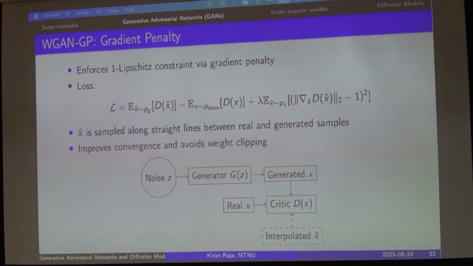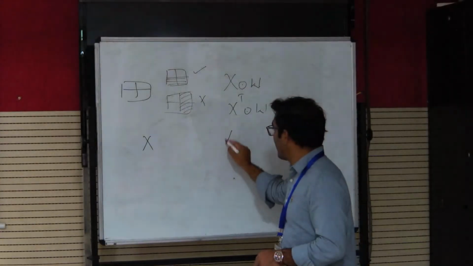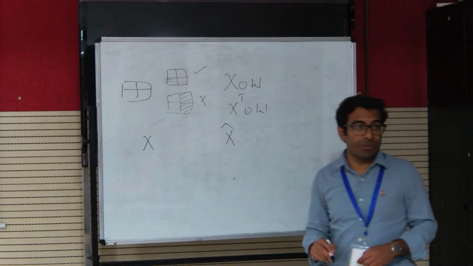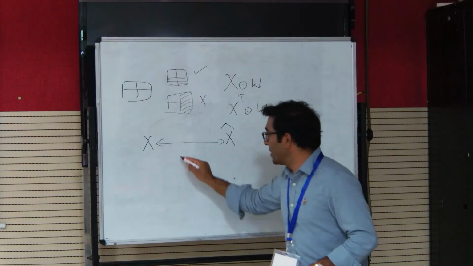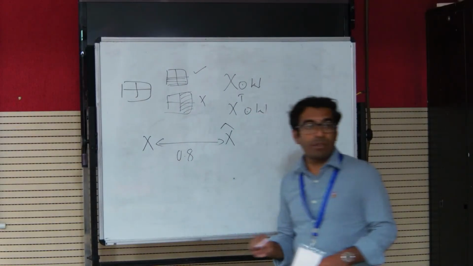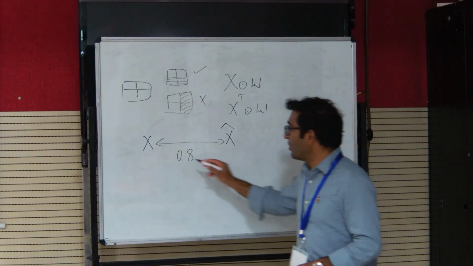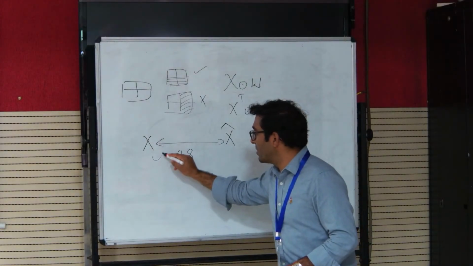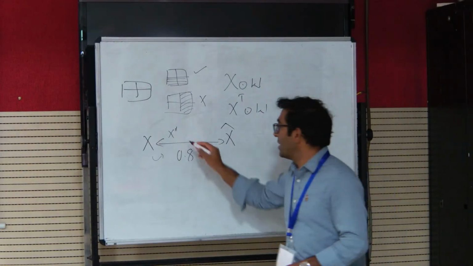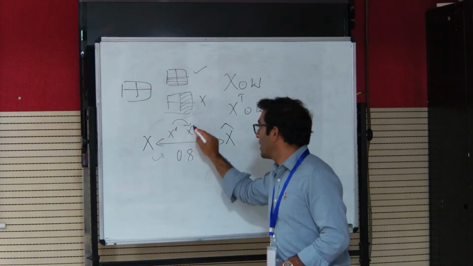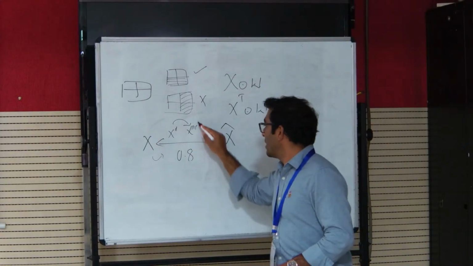So this interpolated X, this one, is a sample between the real and the generated one. So let's say you are in this space, so you are X, and this is your X hat, which is computed, right? So now you measure the distance between them, and then you say the distance is, let's say, 0.8. So what you're going to do is recreate the interpolated sample of this one, X prime, and then next one, X double prime, and then further down.